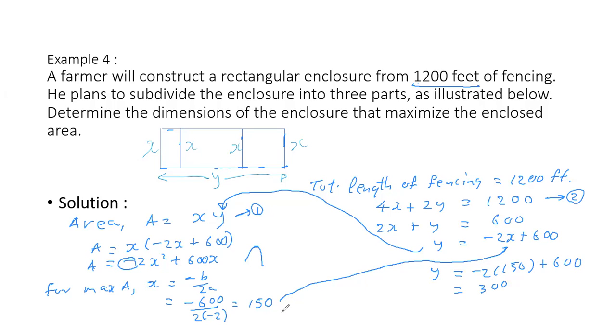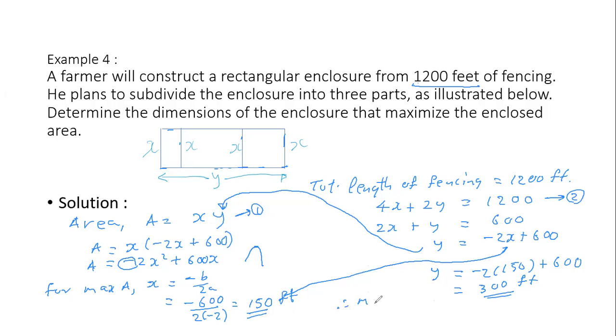Right, now we know both x and y. So these are the dimensions of the enclosure. We found x is 150 feet, y is 300 feet. We can find the maximum area by multiplying these two.